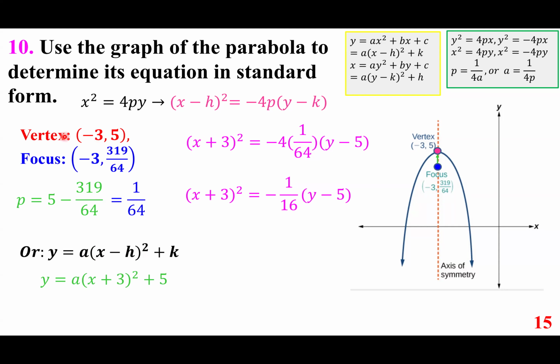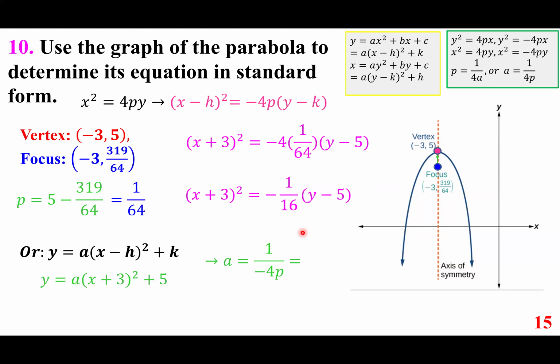So just following the fact that the vertex is given. The relationship between A and P is that one is 1/4 the other. And because it opens down, it's 1 over minus 4P in essence.